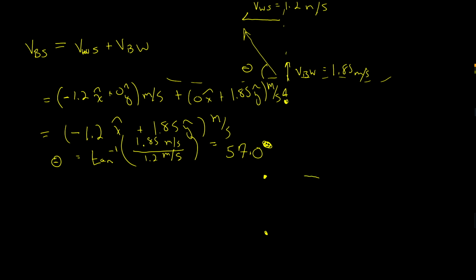So it knows the water is going to go this way, so it wants to point this way. It wants to point at some angle so it gets straight across the shore. And so now we have to figure out how we're going to point. So let's see, that's boat relative to the shore, and this is boat relative to the water.